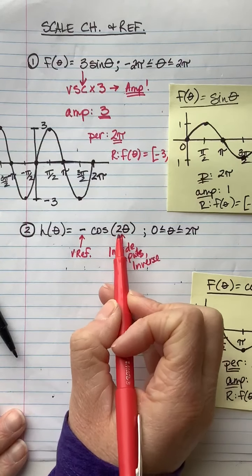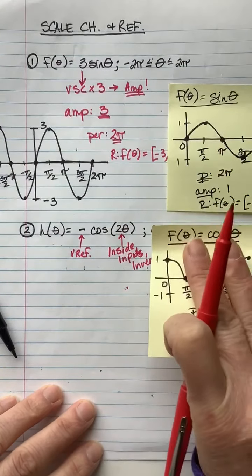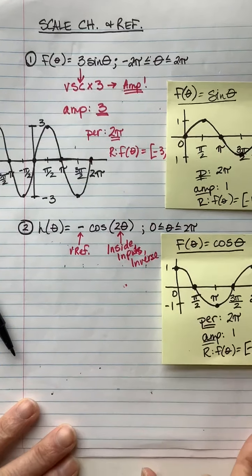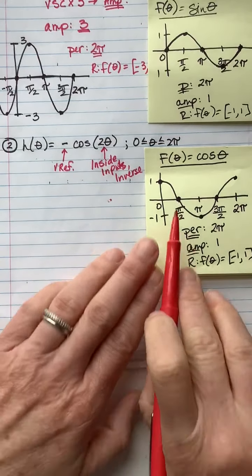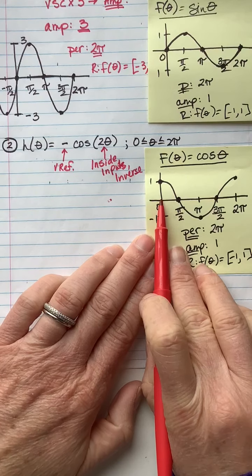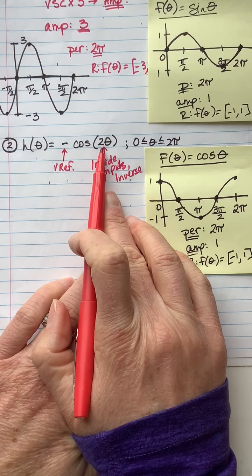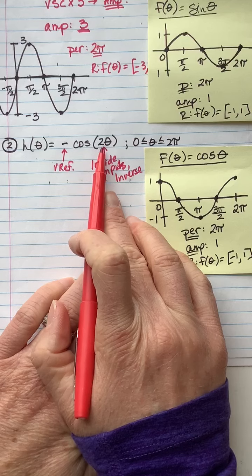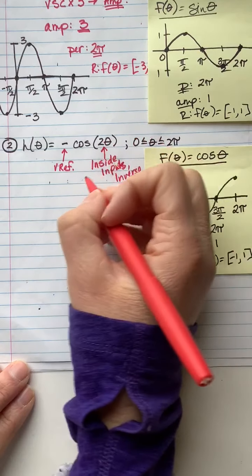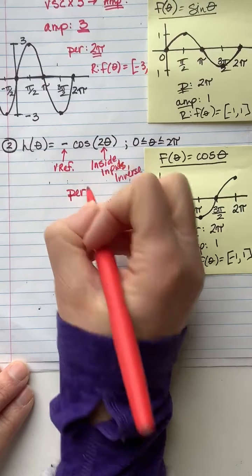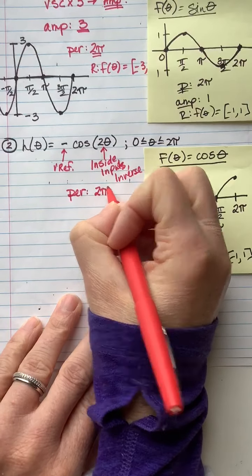Take a look at this cosine here. This is going to be affecting the period of the function. So here are my inputs. This is not going to happen twice as fast. This is going to happen half as quickly. So on this one, I'm going to change the period. Now, the period used to be 2 pi.